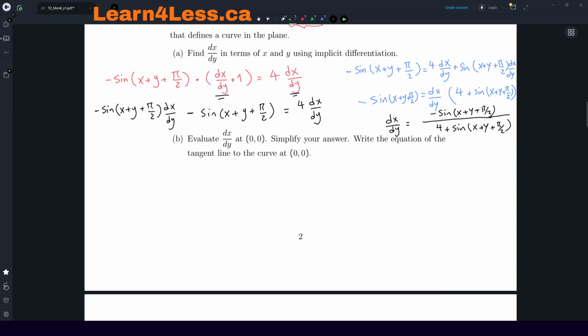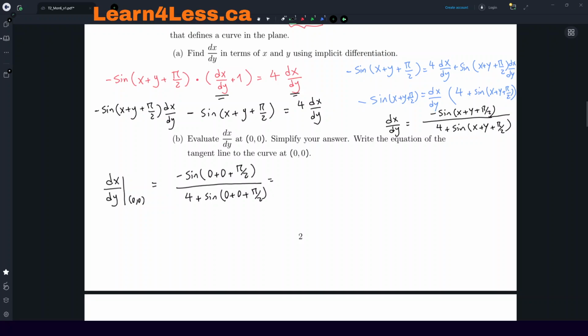So dx over dy at 0, 0 would be, when I plug in 0 for x and 0 for y, negative sine of 0 plus 0 plus pi over 2, over 4 plus sine of 0 plus 0 plus pi over 2.